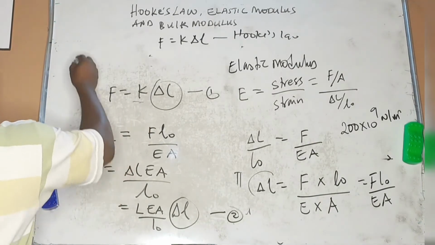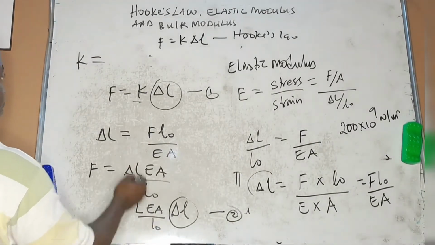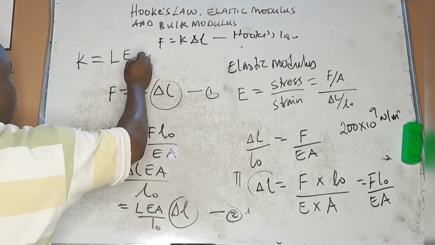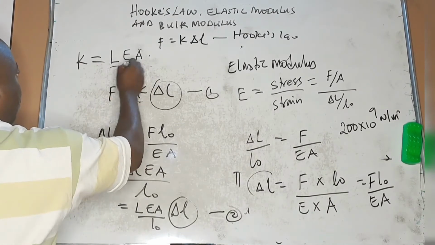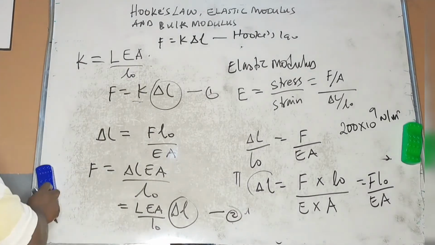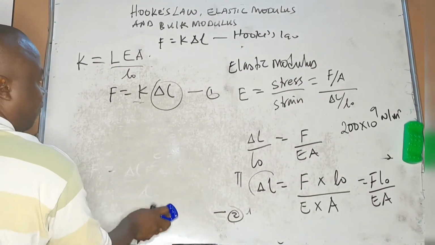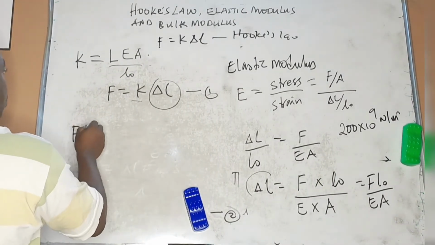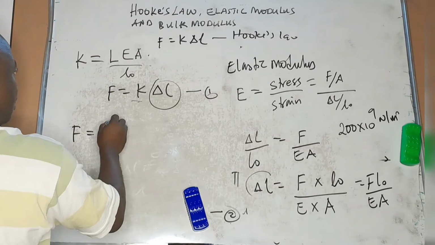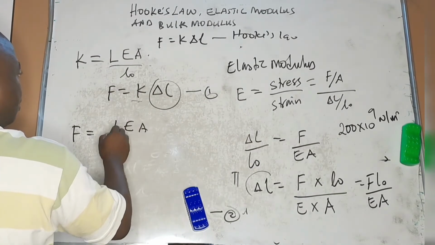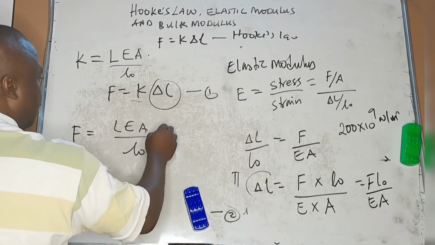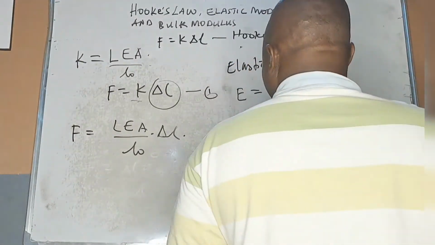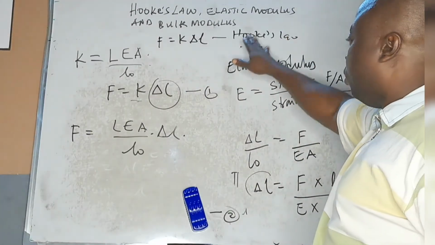So K, the constant of proportionality, becomes your modulus multiplied by A all over original length. So in terms of Young modulus, Hooke's law becomes F equals E A over L naught multiplied by change in length. This is what it is. Now, that is elastic modulus.